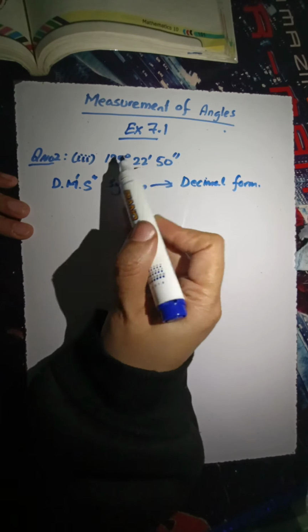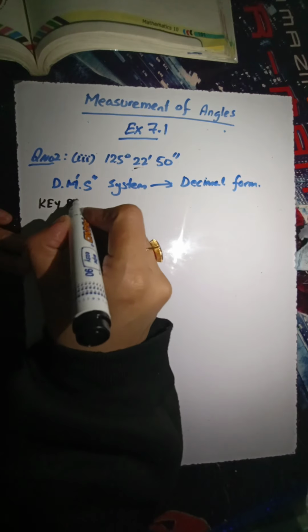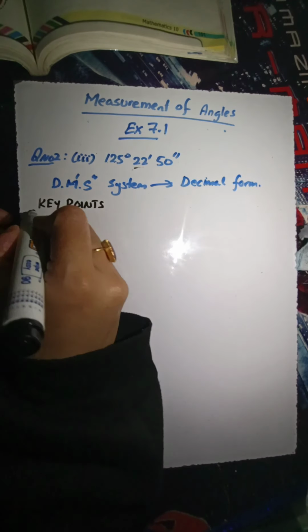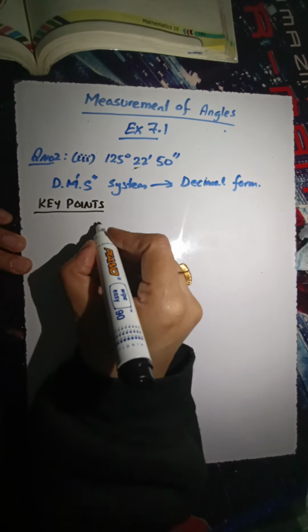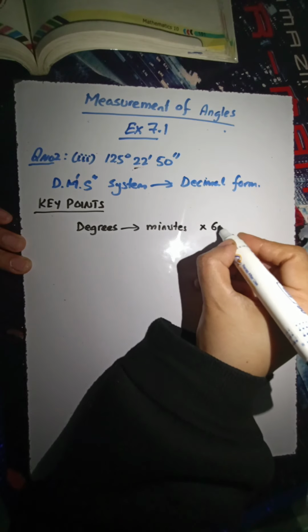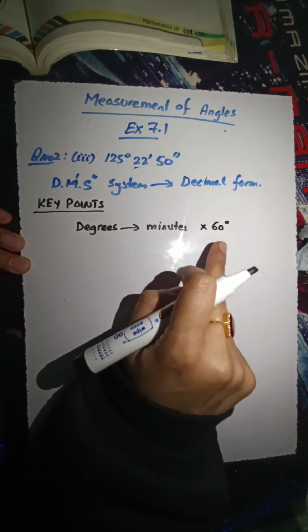Now always remember these key points that you should remember to solve this type of question. If you want to convert degrees to minutes, you are always going to multiply by 60, because in 1 degree there are 60 minutes.